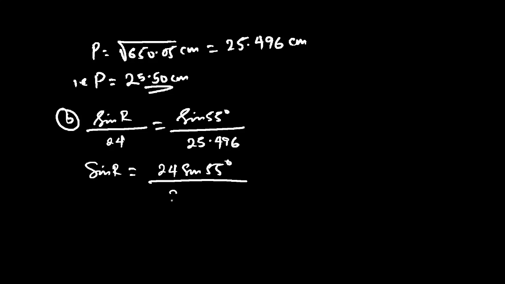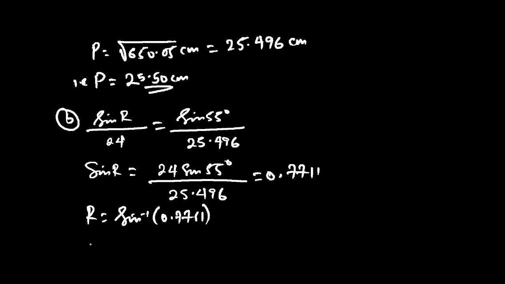That will be easier for me than looking for the value of Q first. So this is going to be 0.7711. Are you following? So I'll have that R is equal to arc sine of 0.7711. So R equals 50.45 degree. Do you understand that now?